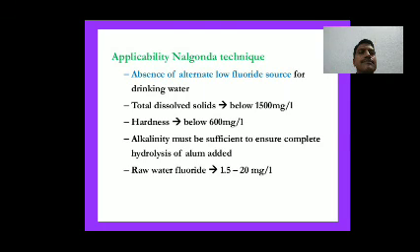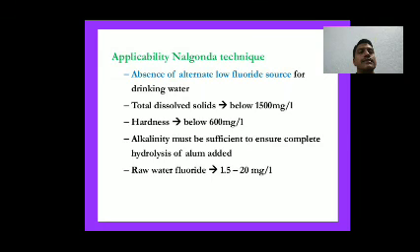Applicability of the Nalgonda technique: absence of alternate low fluoride sources for drinking water, total dissolved solids below 1500 milligram per liter, hardness of water below 600 milligram per liter.